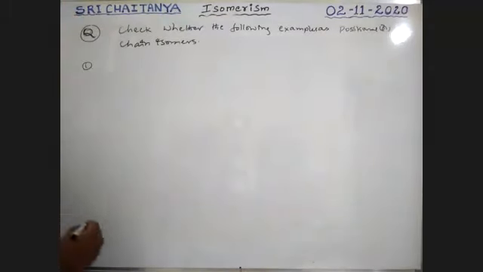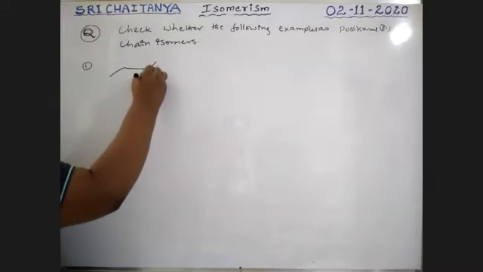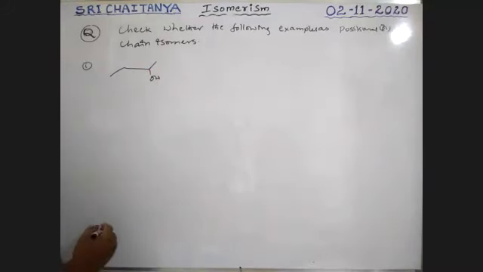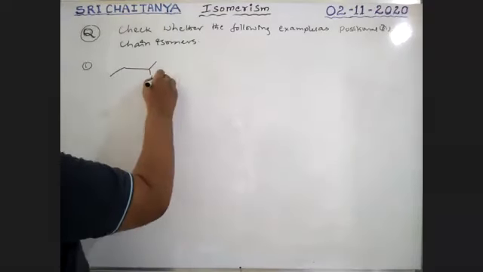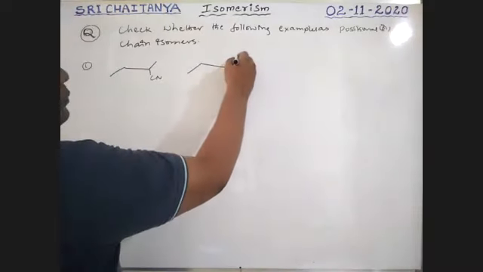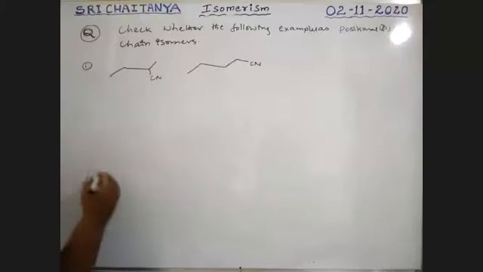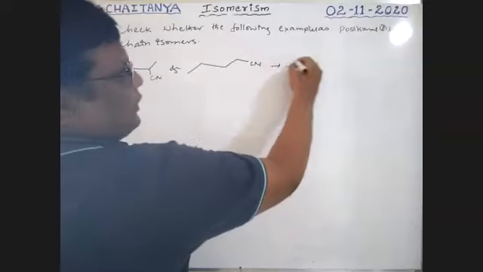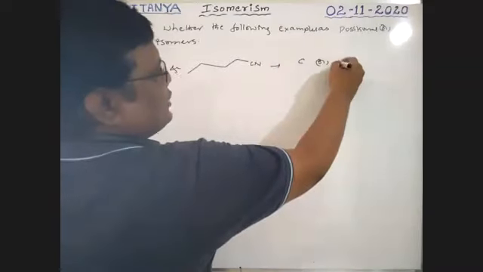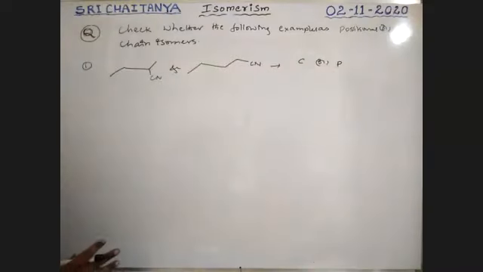First one, not OH. I'm taking this one as a cyanide, CN. This is what type? Either chain or position. Just C or P. Tell me the answer.